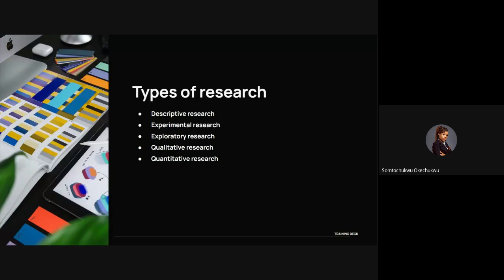Now, it's a very broad thing, right? And I know that most of us have already done research in different fields. Most of us are currently doing research. Some will keep doing research. In fact, as far as I'm concerned, research is something that we do almost every day. Even now with the rise of AI, any small thing, you see people asking AI one question.